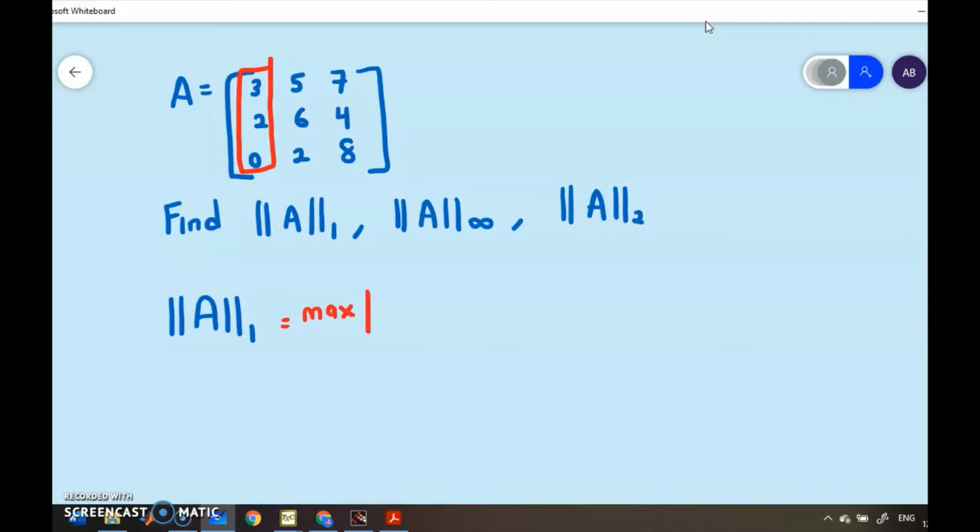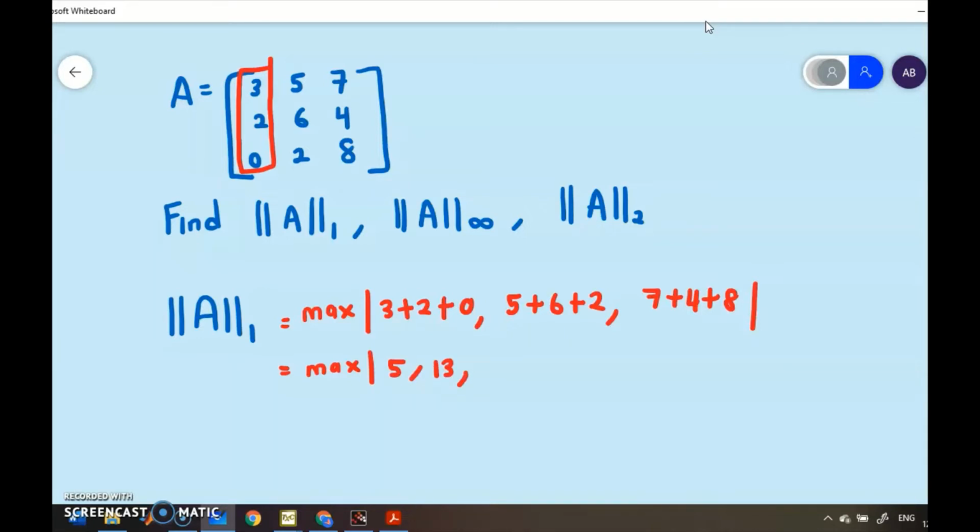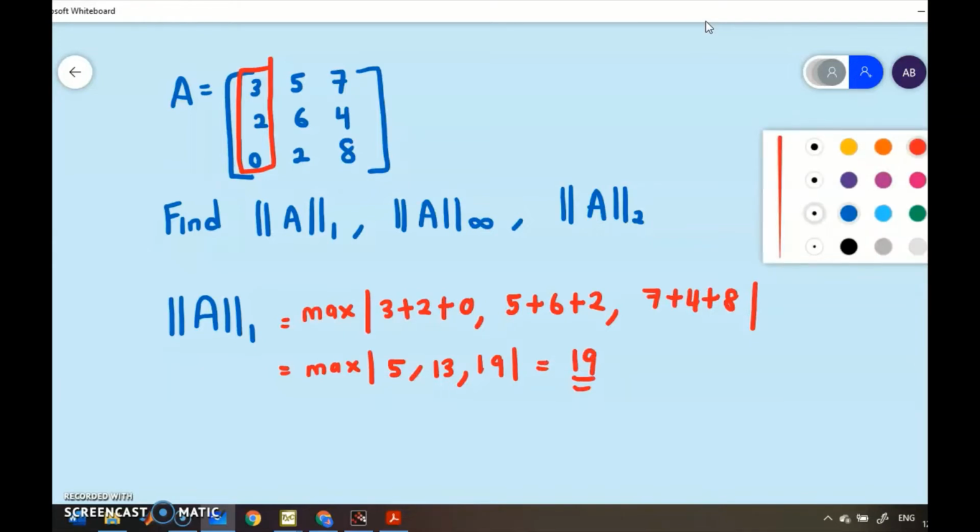So 3 plus 2 plus 0, 5 plus 6 plus 2, 7 plus 4 plus 8. There are three columns, 1, 2, 3. The maximum of 5, 13, 19 is 19. That's how to find the one norm.